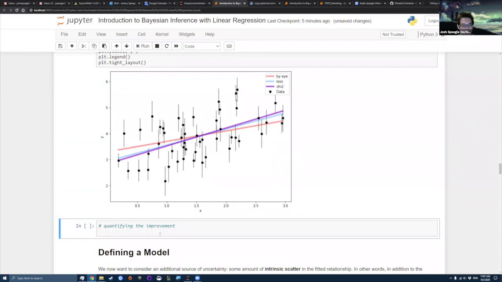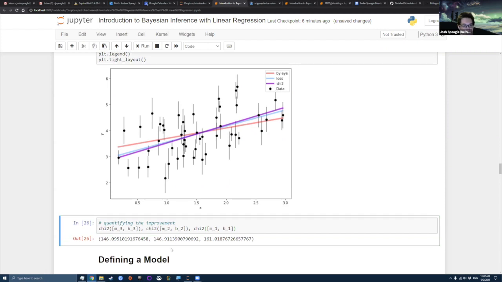That's really cool. So we can actually quantify what that improvement looks like just using the exact same method as before. So let's, for example, just compare the chi-square from the best fit model with those from the previous two cases. These are the ones that I fit by eye, and also the one that I fit using the loss function.